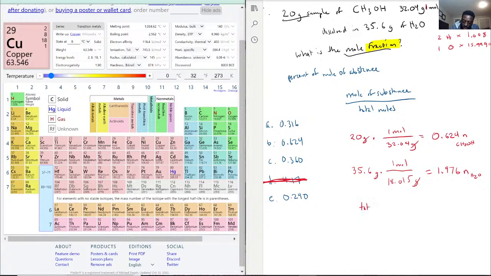So N total is equal to adding these two together, 2.60, of water and methyl alcohol.